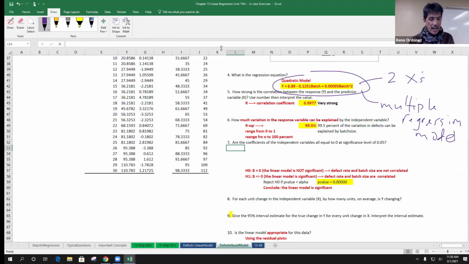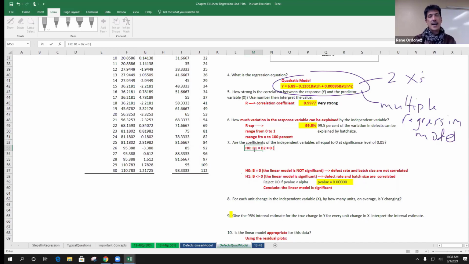So for testing the hypothesis, we'll say H sub 0, the coefficient of variable 1 is equal to the coefficient of predictor variable 2, and both of them are equal to 0.